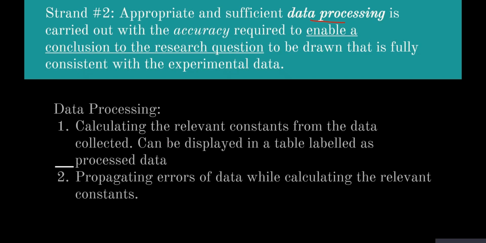All these should enable us to come to a conclusion to the research question. So always keep in mind to connect the qualitative observations, the interpretation of graphs, everything to the research question.